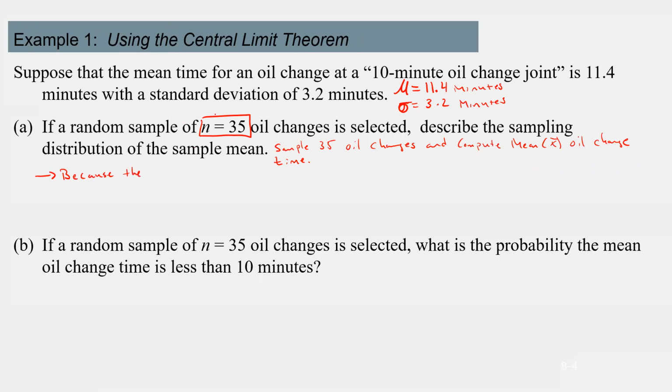What's the sample size I said you're taking here? 35. Okay, yep. So because the sample size is greater than 30, and I'll even put in parentheses, it's 35, what did I say was the most important theorem of the class?